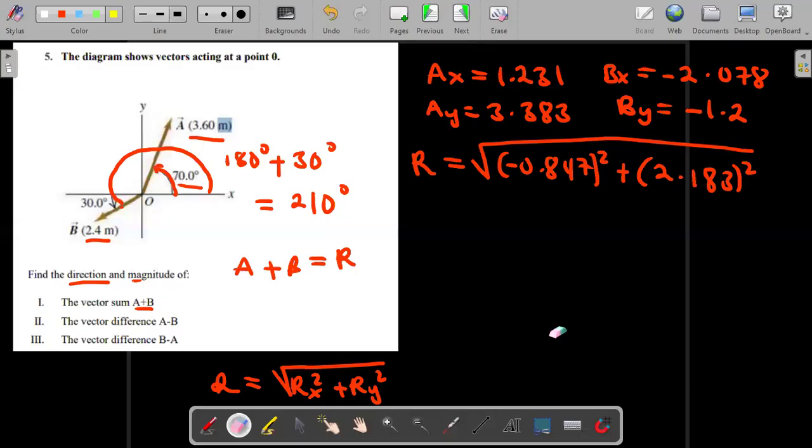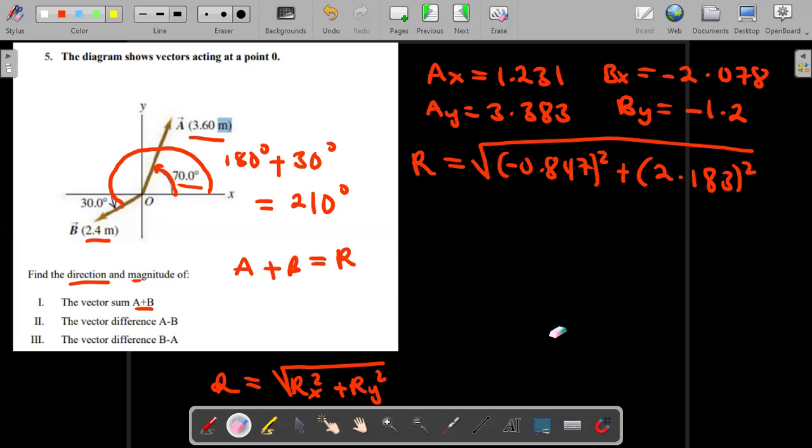So when I compute everything, I put it in my calculator. I have negative 0.847 squared plus 2.183 squared like that.